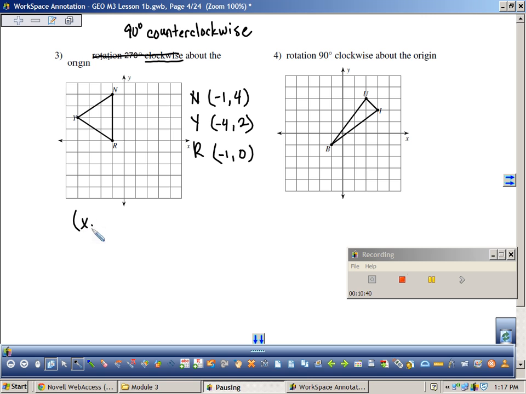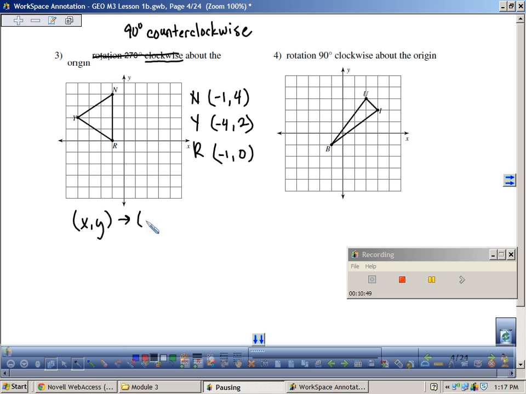What's my rule? What's my coordinate rule? Opposite y, x. A 90-degree turn. Look at your rules on the board. What's a 90-degree rotation?